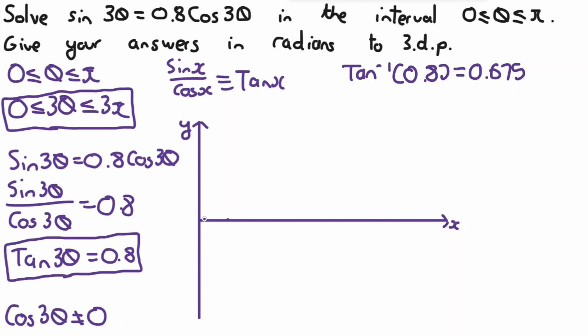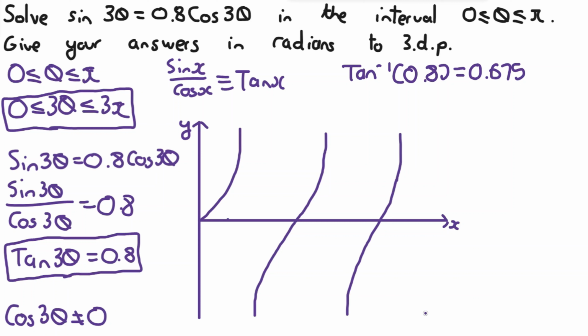So tan, remember, it kind of comes up like this here, and then something comes down from here and meets the x-axis. It comes up like that, and then another one comes up like this here, and then one more comes down like this here.